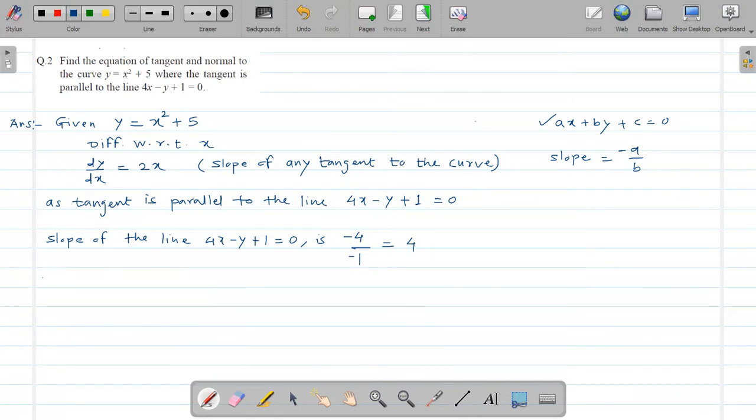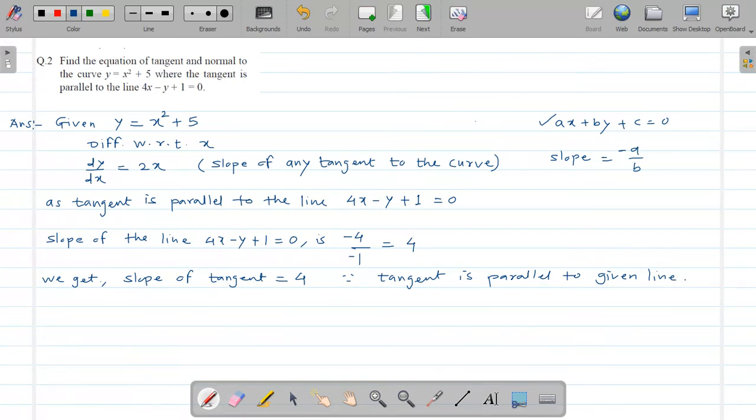Hence we get the slope of the tangent, which is equal to 4, since the tangent is parallel to the given line, because in case of parallel lines the slopes are equal. So this is also the slope of the tangent.